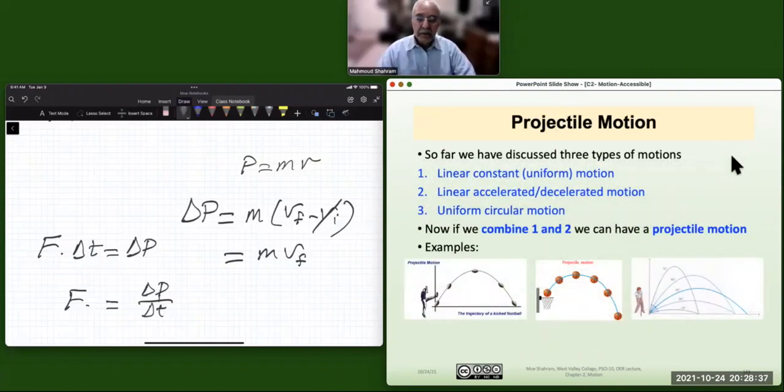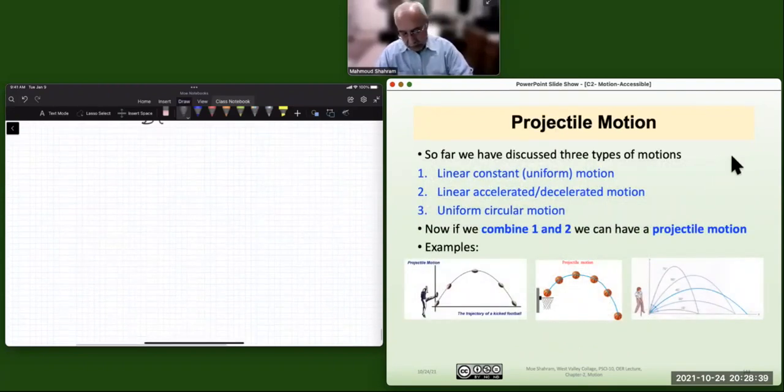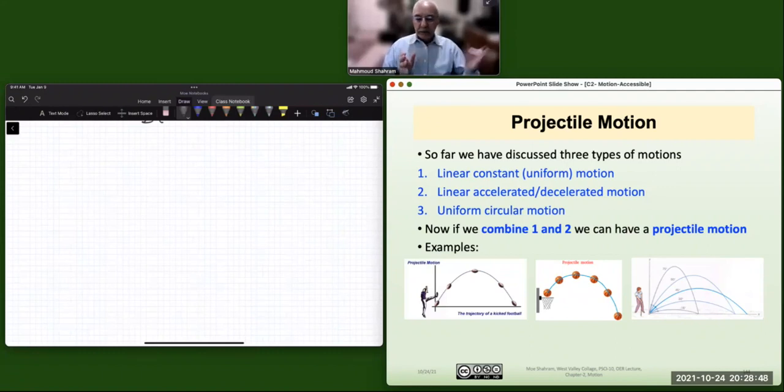Another type of motion is projectile motion. Now, projectile motion consists of two motions combined. One is the linear uniform motion that we talked about already, constant motion. And then linear accelerated motion.